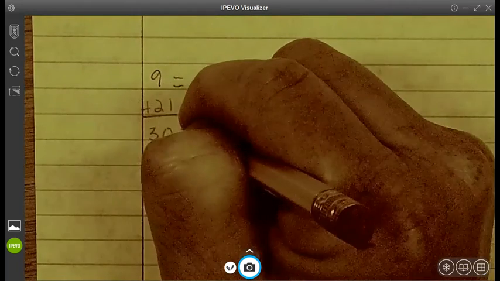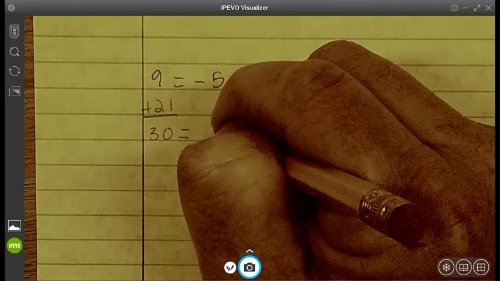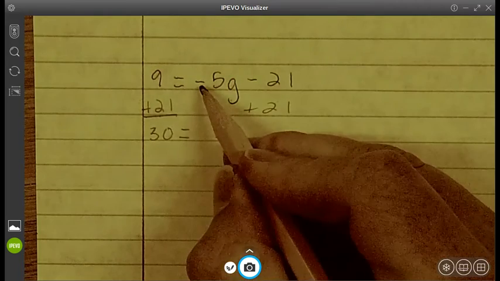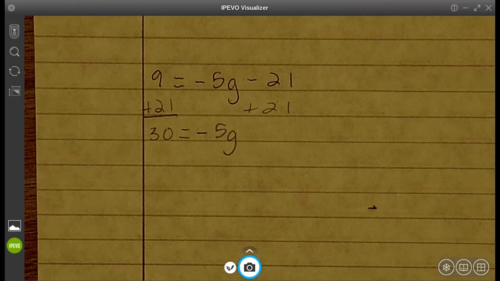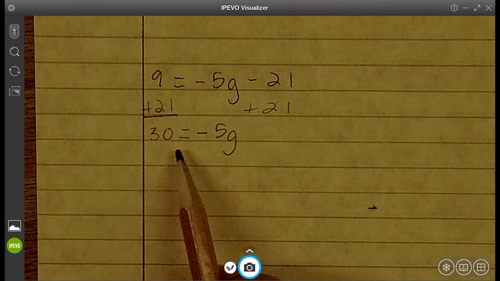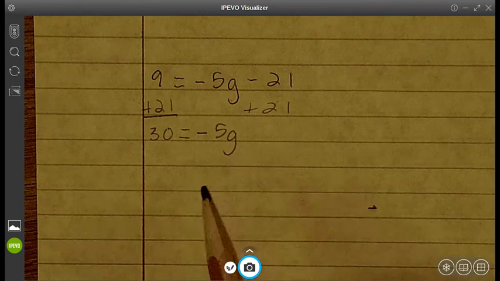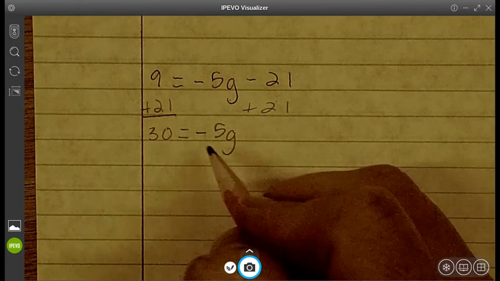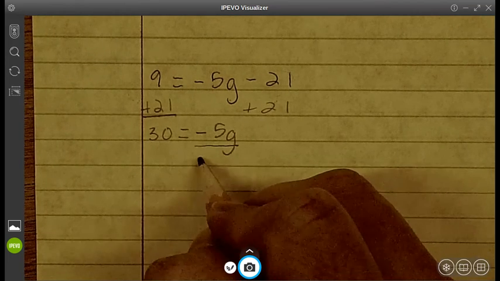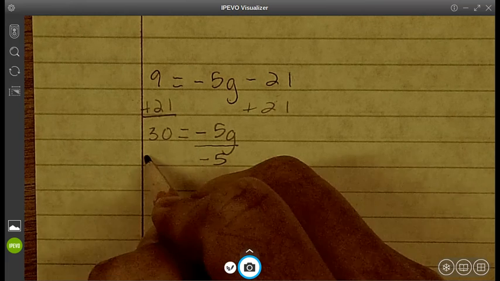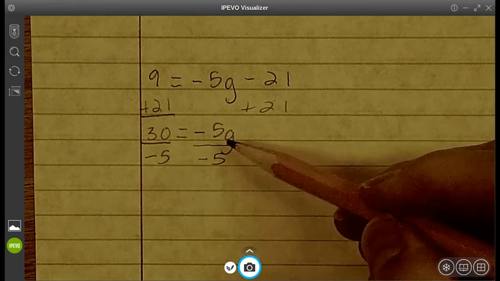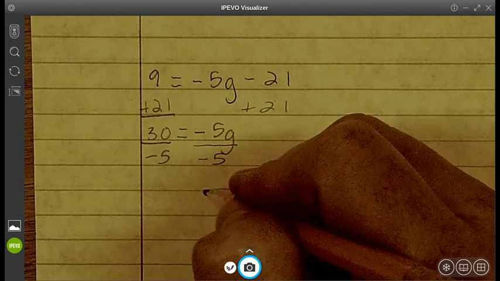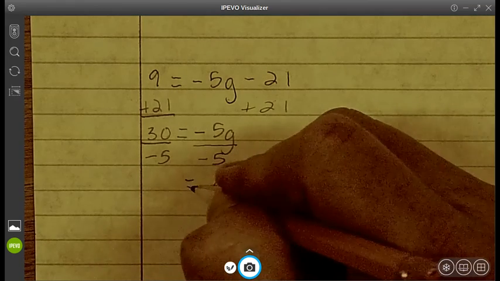Now we're going to be careful here. We're not going to just bring down 5g. If you notice, there was a negative symbol there, so we're going to bring that down. So now we have 30 equals negative 5 multiplied by g. The opposite of multiply is to divide. These two negative 5s will cancel out, and it would give us g by itself.